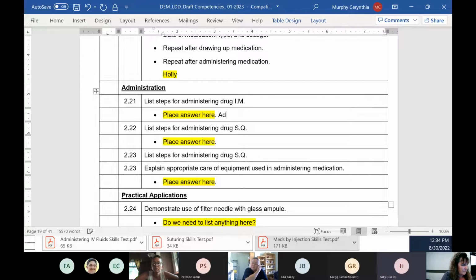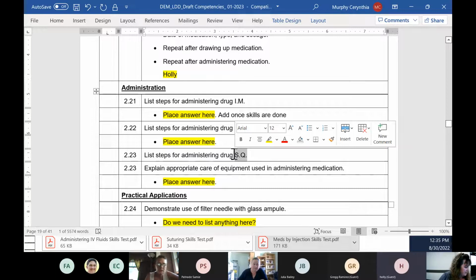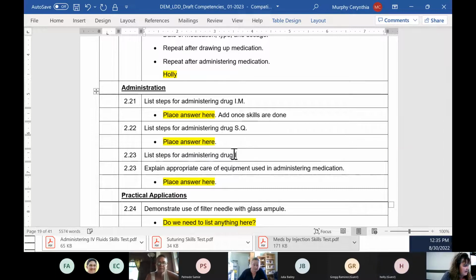It tells them exactly what we're expecting in the order we expect it. So we can just say, C, 4 steps, C, IM injection, whatever we're going to call it, test for now. And what was this one? What did you call it? Intradermal. ID. Dermal. ID.